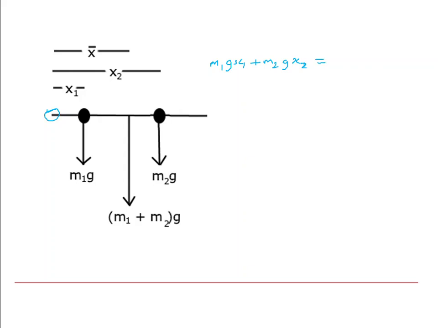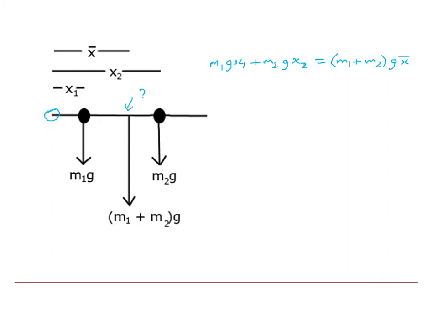That should give the same moment when we put the combined mass at the point where the centre of mass is supposed to be. So that will be times x bar. So we're looking for where this point is.